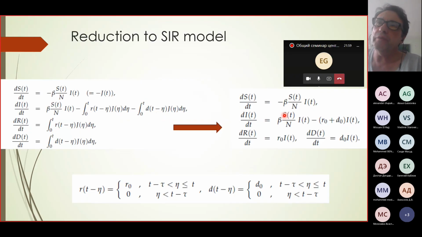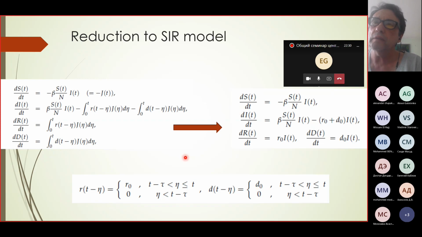Well, the next question, which is quite interesting from my point of view, is how this model with distributed recovery and death rates is related to the SIR model. And in fact, we can reduce this left model to the right model. How can we do it? We need to make some assumptions on the recovery and death distributions.